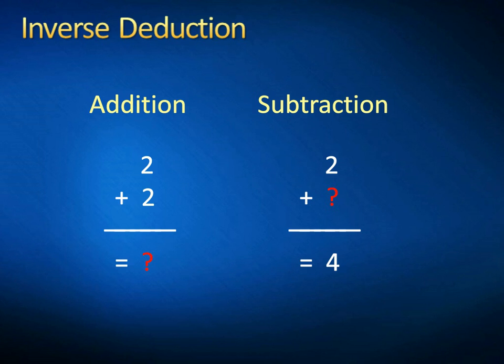In much the same way that subtraction is the inverse of addition, or integration is the inverse of differentiation, and so on. For example, addition answers the question, if I add 2 and 2, what do I get? The answer, of course, being 4. Subtraction answers the inverse question, which is, what do I need to add to 2 in order to get 4?